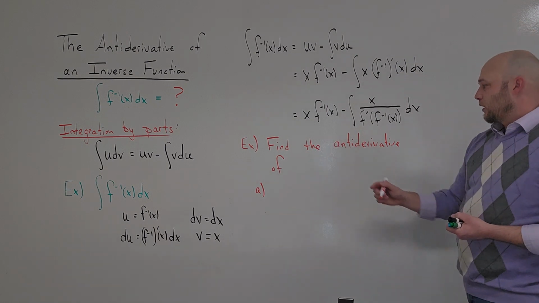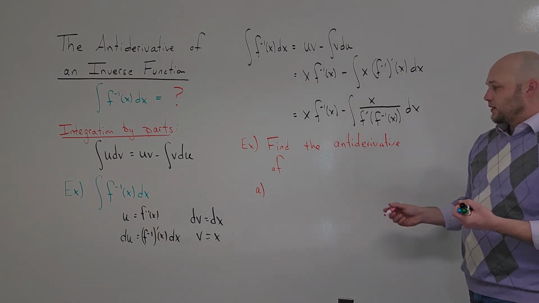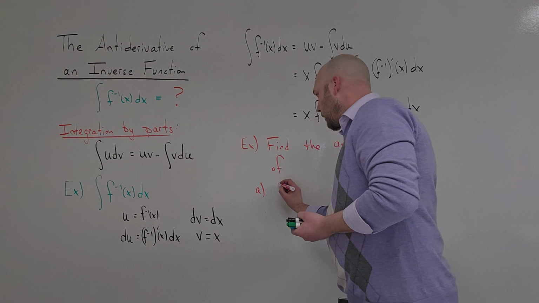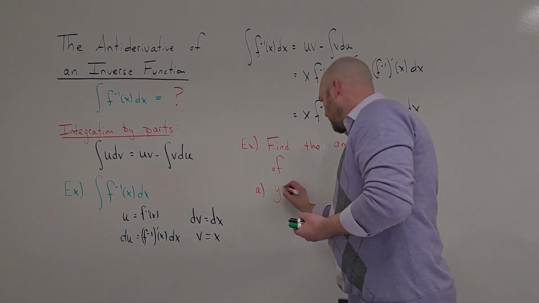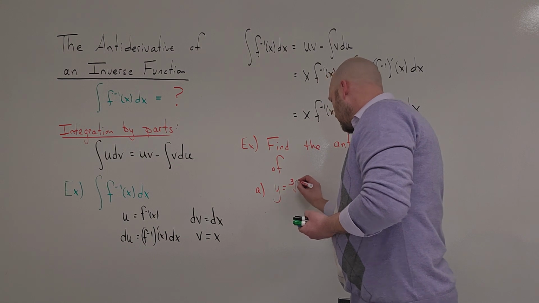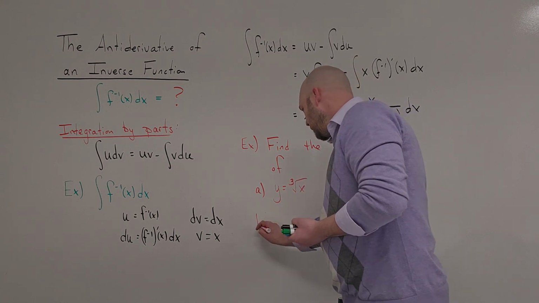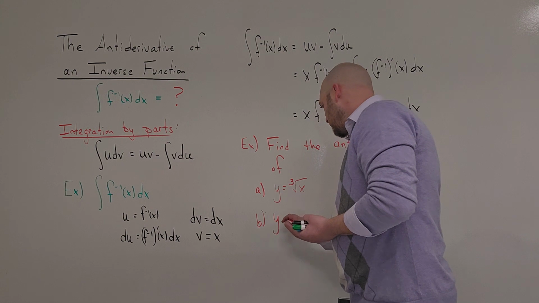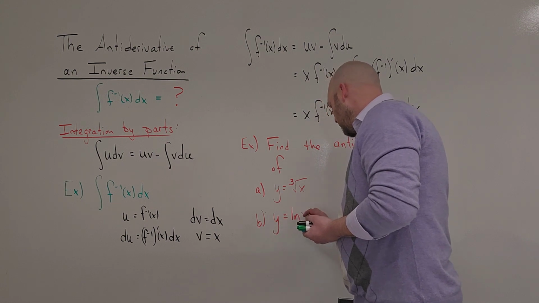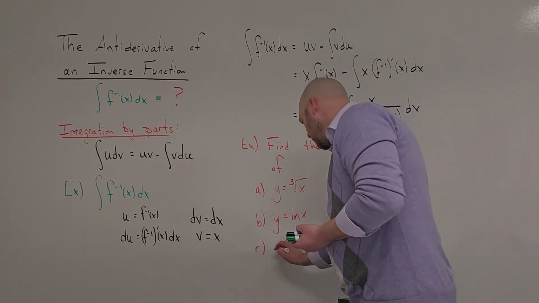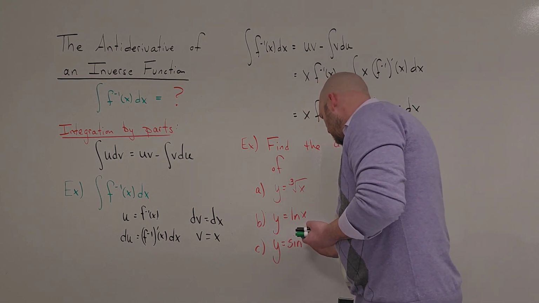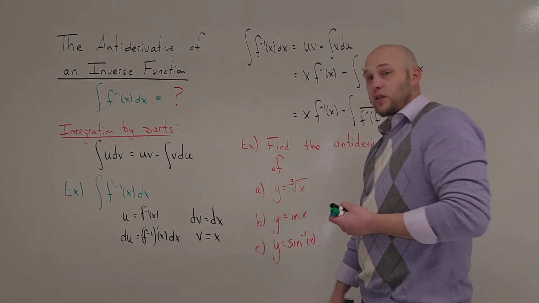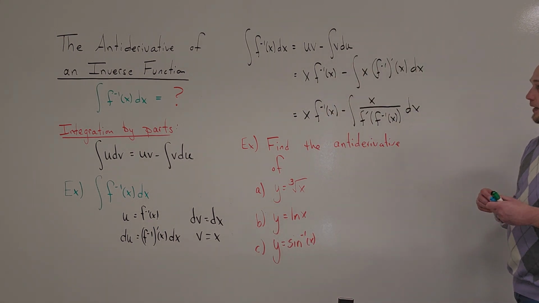But I'm just going to abuse the language and say find the antiderivative of, let's say, a, y is equal to the cube root of x, b, y is equal to the natural log, c, y is equal to sine inverse. Find the antiderivative of all three of those.